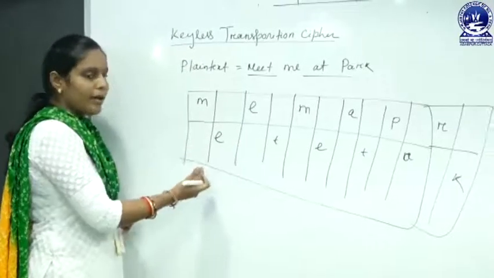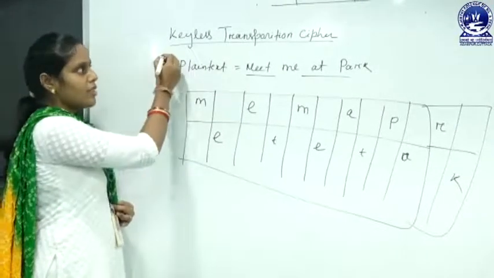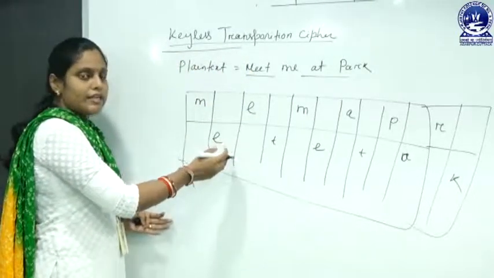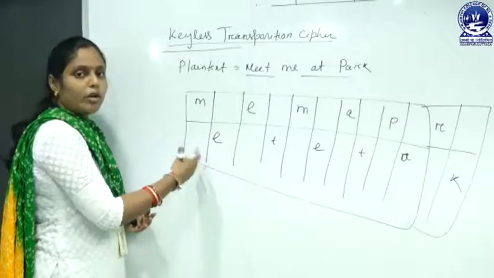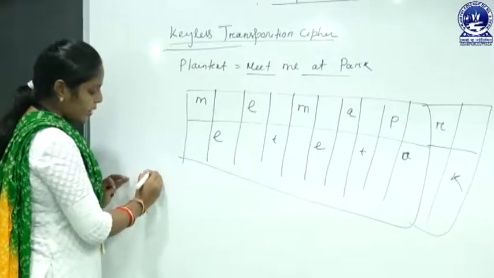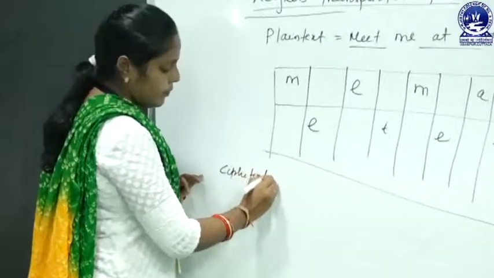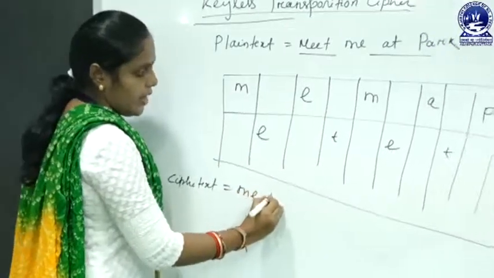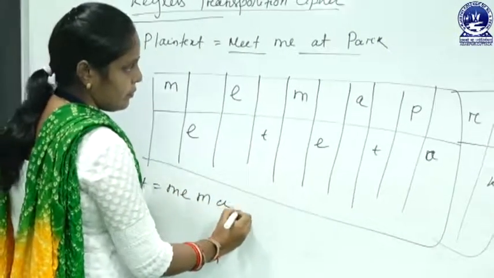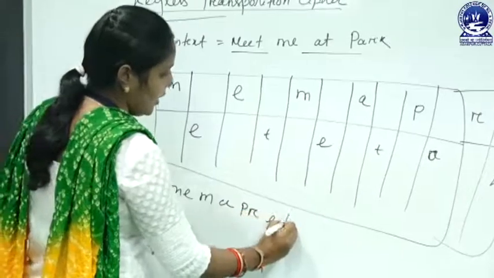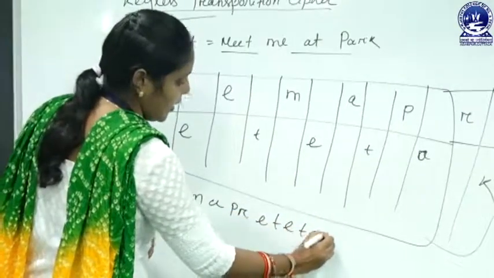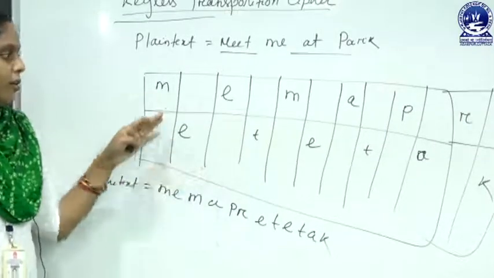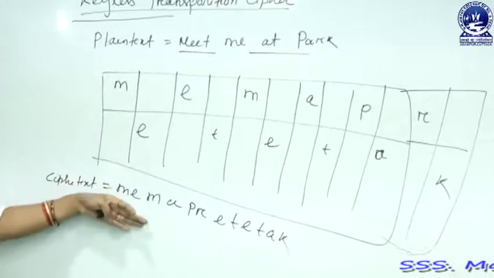But when we want to create the ciphertext using this keyless transposition technique, we create our ciphertext by reading this plain text row by row. That means our ciphertext is M, E, M, A, P, R, E, T, E, T, A, K. Here the ciphertext is created by reading the plain text row by row.